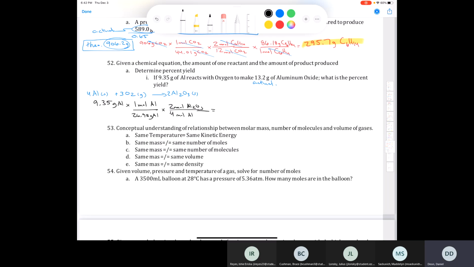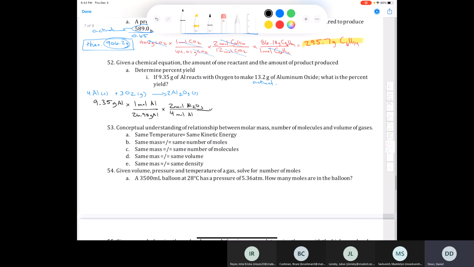Then I want the mass of aluminum oxide, and in 1 mole of aluminum oxide, tallying up the molar mass, is 101.96 grams of aluminum oxide. Check our units: grams of aluminum, moles of aluminum cancel, moles of aluminum oxide cancel. We're left over with the mass of aluminum oxide, which is 17.7 grams.